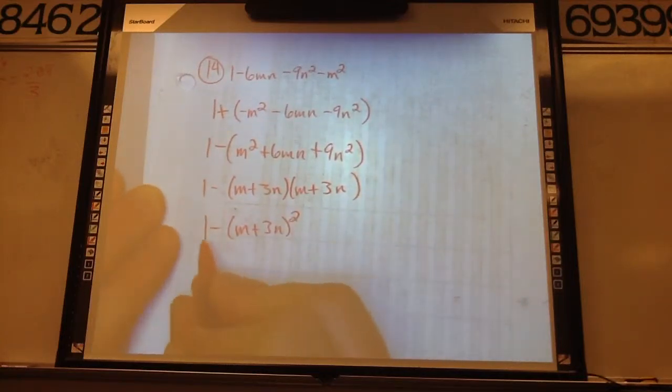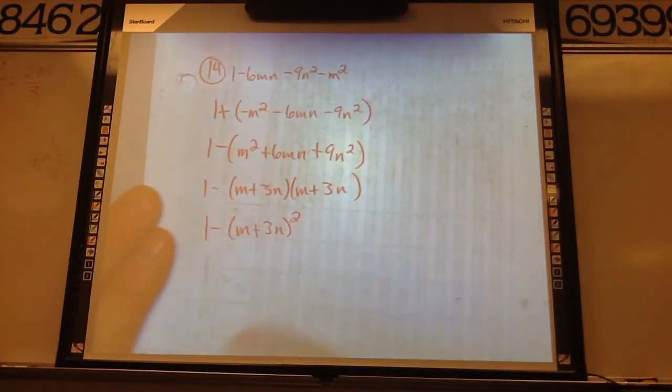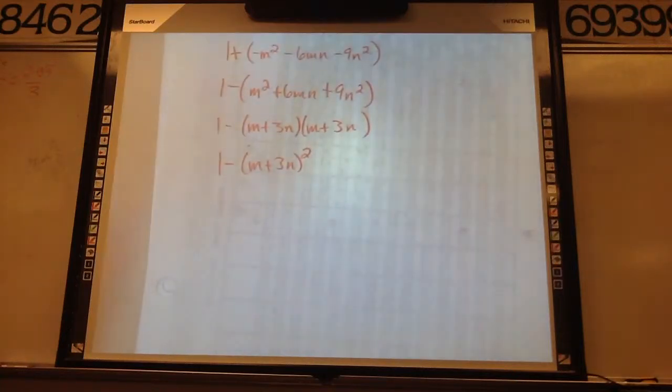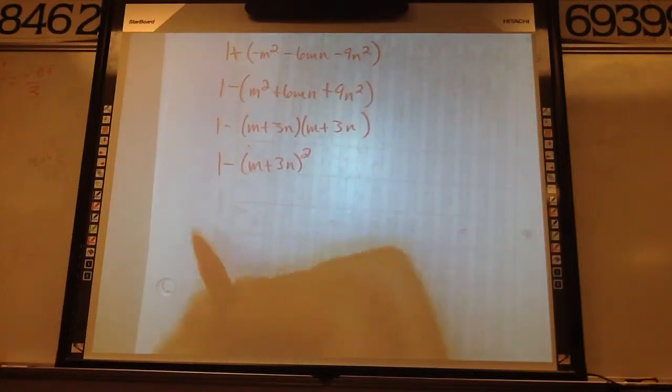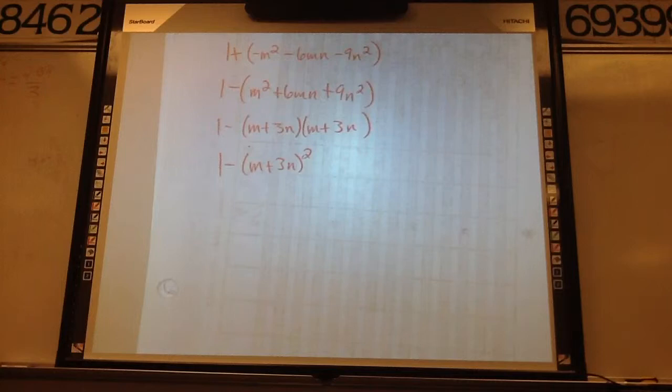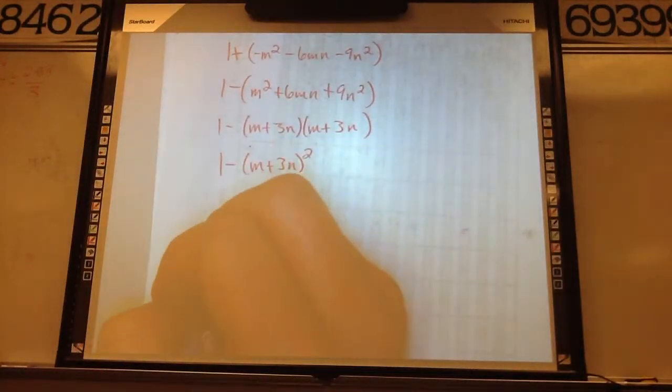Then you should have been like, oh, hey, it's a difference of 2 squares. 1's a square, and that's a square. So then what's negative? The m plus 3n.